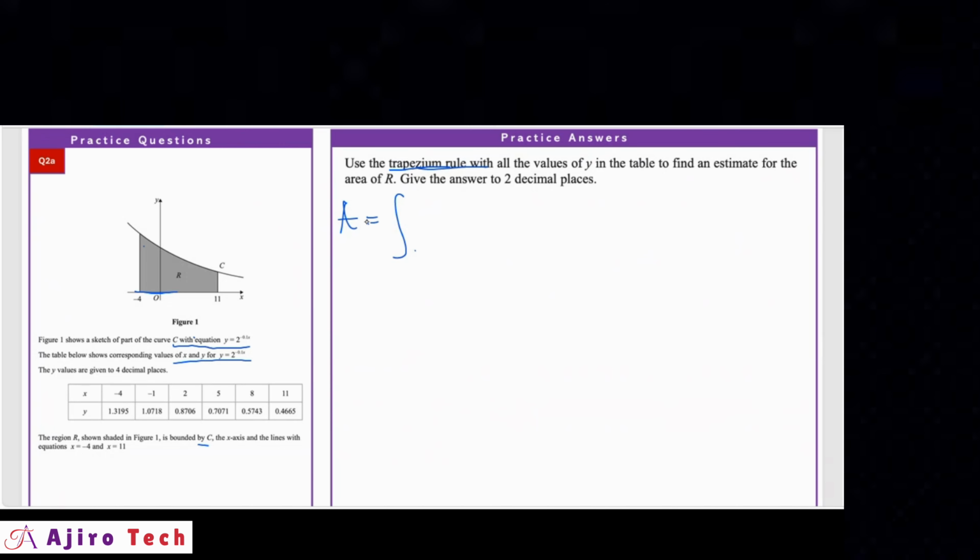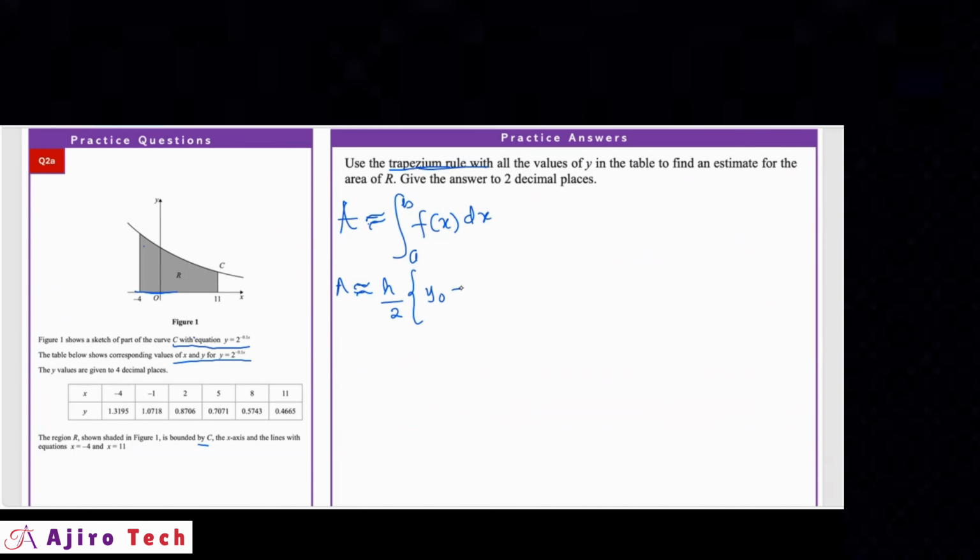The area is approximate because it's an approximate solution. The integral from a to b of f of x dx is approximately h over 2.